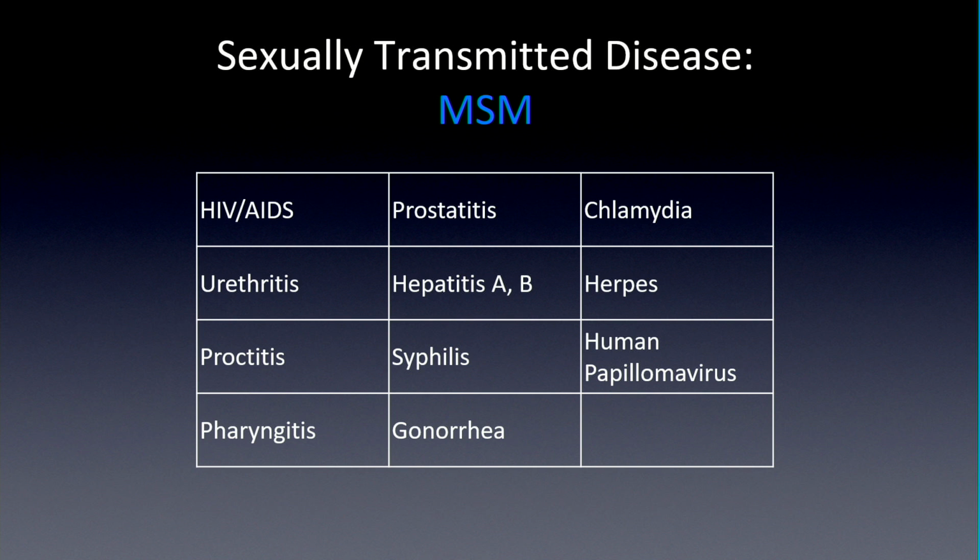So if they have a background of being a man who has sex with men who has had exposure to chlamydia or gonorrhea or syphilis, there are very good indications as to when to use PrEP, yes or no. If they have had exposure to somebody whose HIV status they don't know, that's also a time to consider PrEP. PrEP is a whole separate lecture in itself, but it's important to think about this from the transmission prevention aspect.